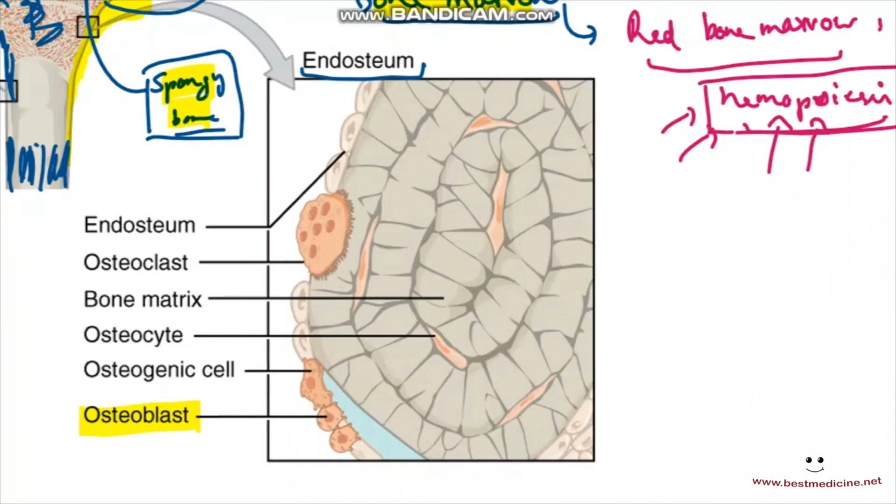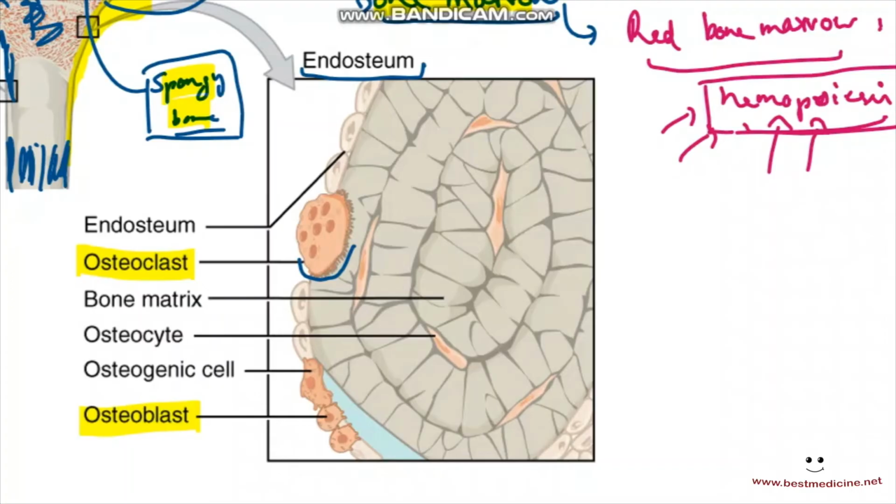They also contain osteoclasts. We'll study more about them in a bit, but osteoclasts are cells responsible for resorption of bone, basically absorbing and degrading the bone, and they help absorb the stuff present inside the bone matrix, the hard part of the bone.